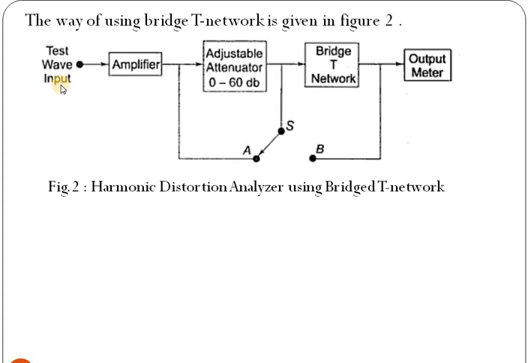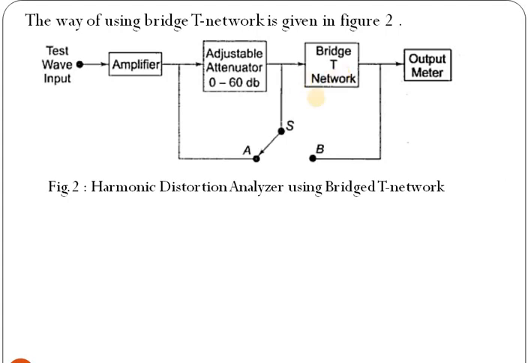Now this test phase signal is amplified by the amplifier. Now the signal is applied to the bridge T network. So now this bridge T network will suppress the fundamental component.